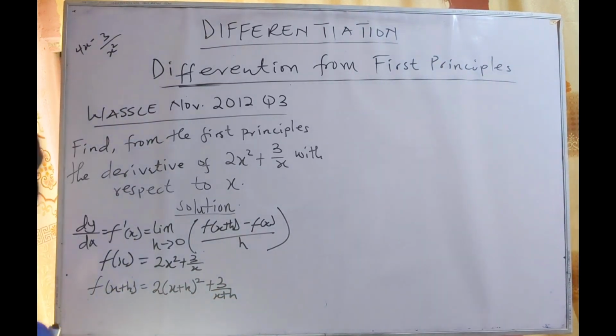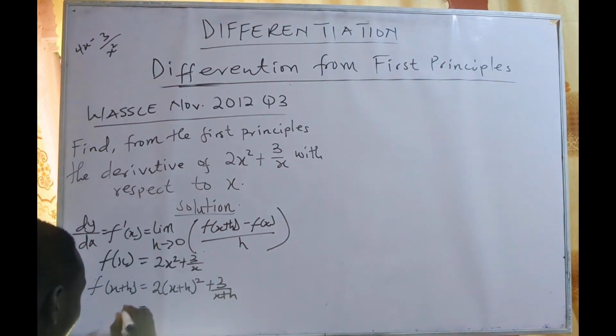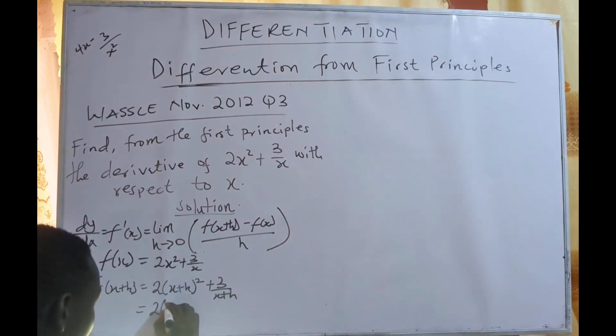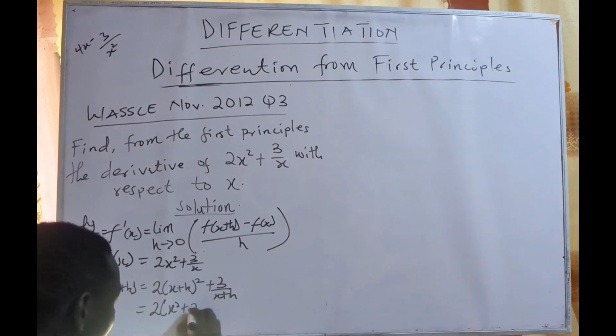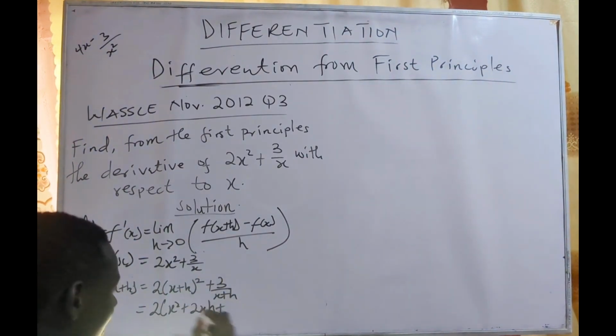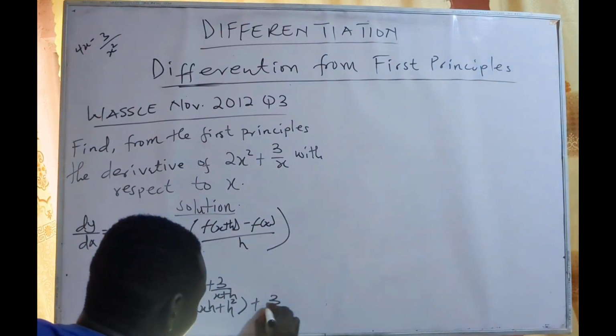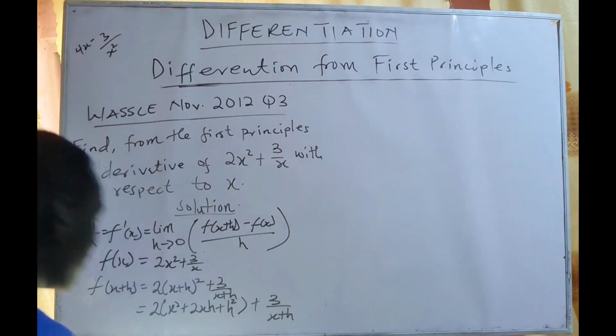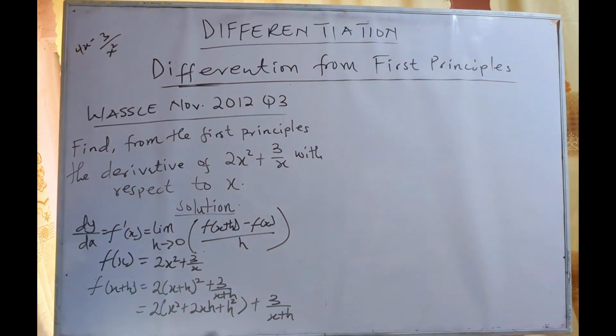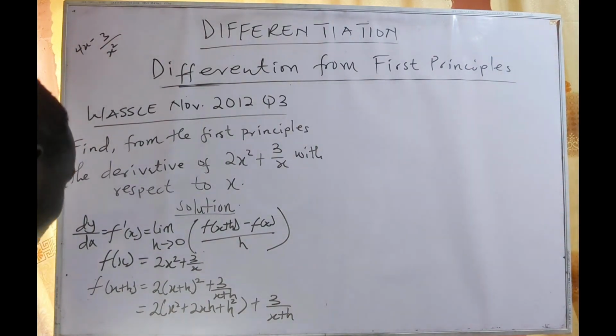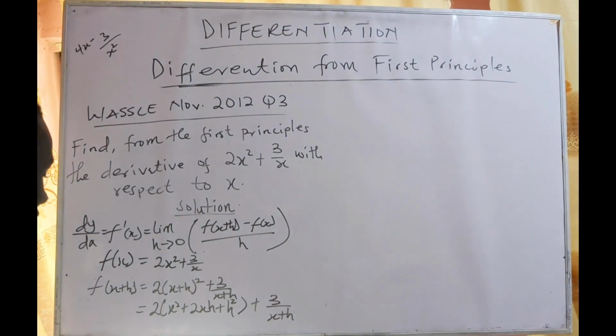x plus h. So here we just need to expand the expression given over here. So our f of x plus h is going to be 2 multiplied by x squared plus 2 multiplied by x and h, giving us 2xh, plus h squared, plus 3 on x plus h. So here we multiply 2 through the values over here.